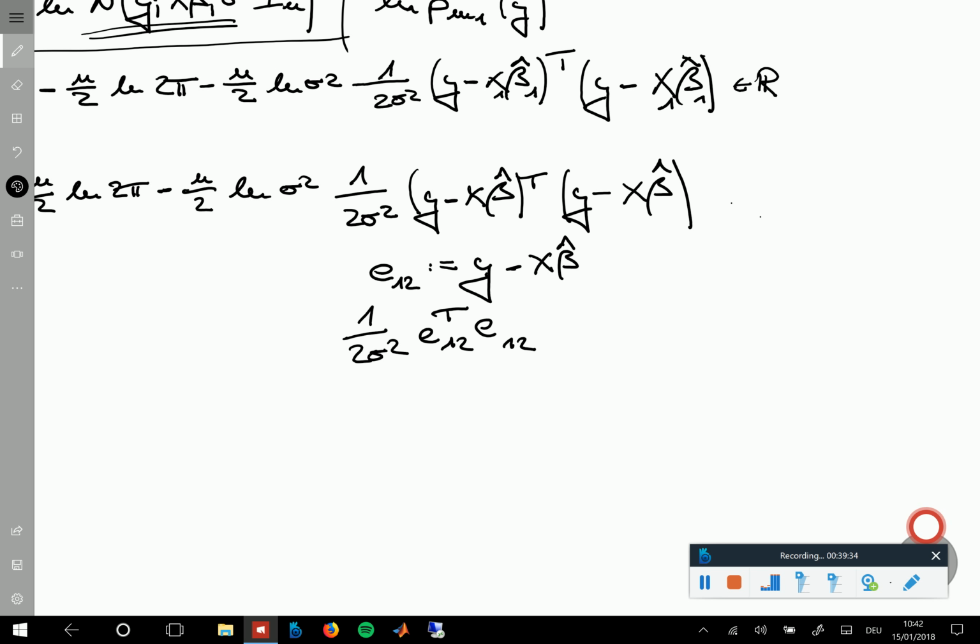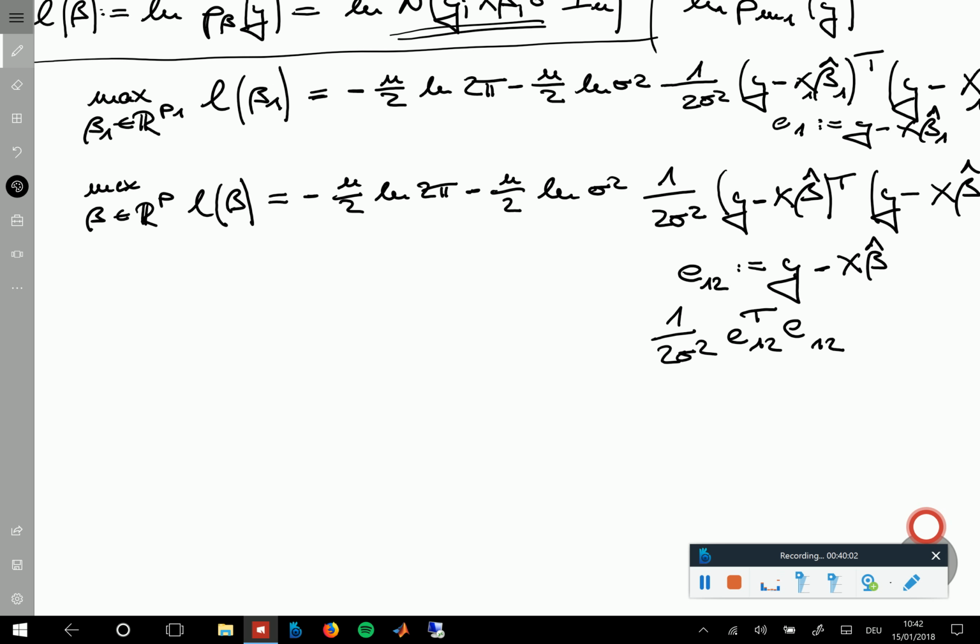And the same thing one can do here. So e1 we define as y minus x beta hat 1. So then we can express this term also as 1 over 2 sigma square e1 transposed e1.